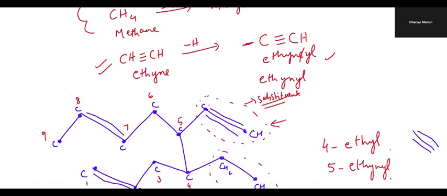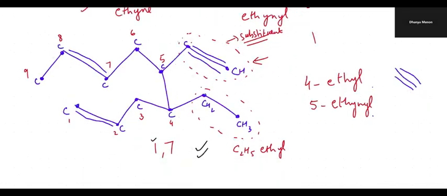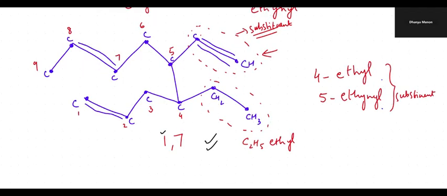Now, just because ethynyl has a triple bond doesn't make it important. Both of them are just substituents now. Both have equal importance now, and you are going to write the name according to the alphabetical order. So E is same, T same, H same, ethynyl here, N is there.